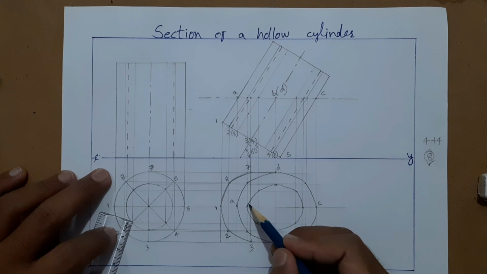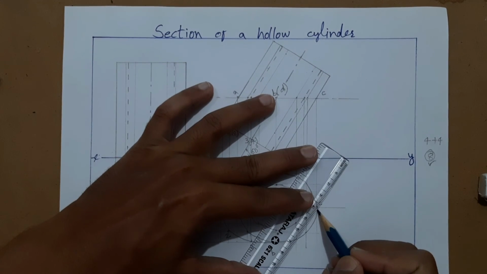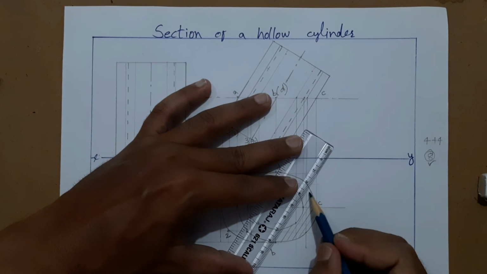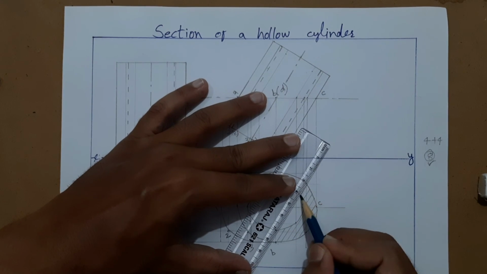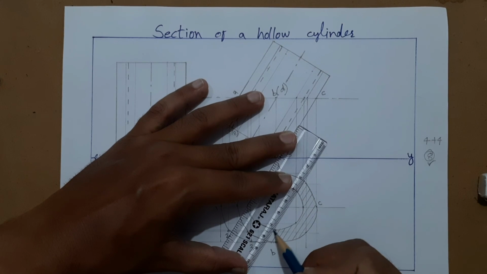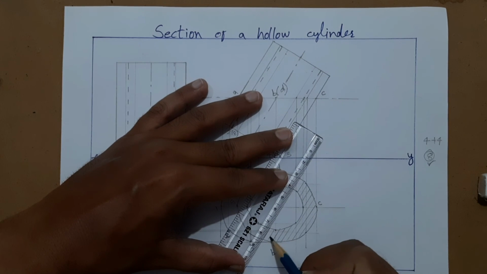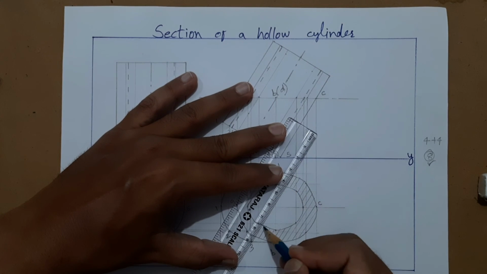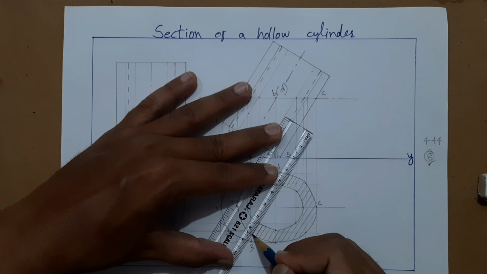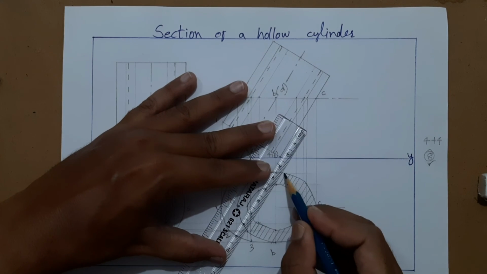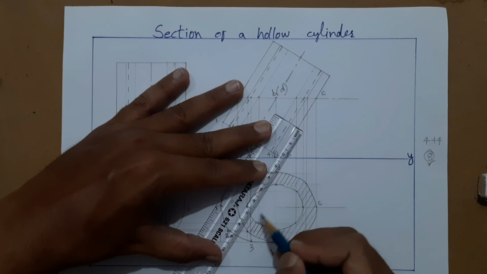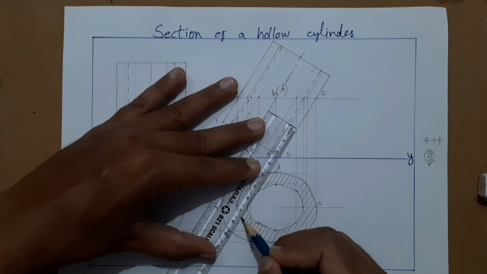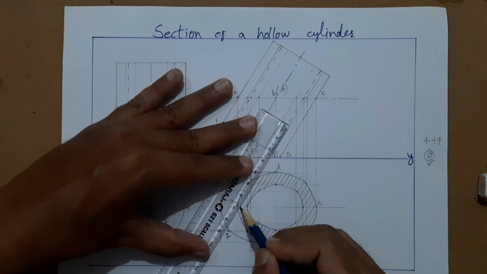Now you have to do the hatching part. This we will do from here. Approximately equispaced 45-degree lines are the hatching lines.